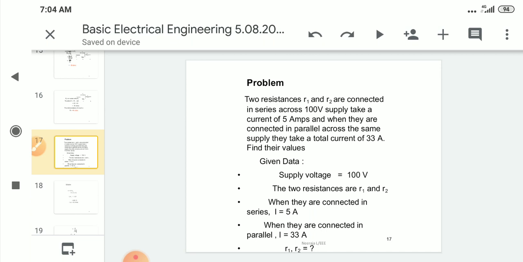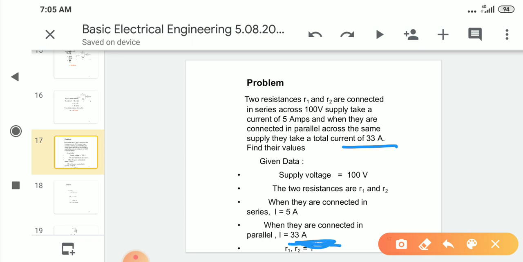Here, R1 and R2 are connected in series across a 100 volts supply and take a current of 5 amperes, and when they are connected in parallel across the same supply, they take a total current of 33 amperes.